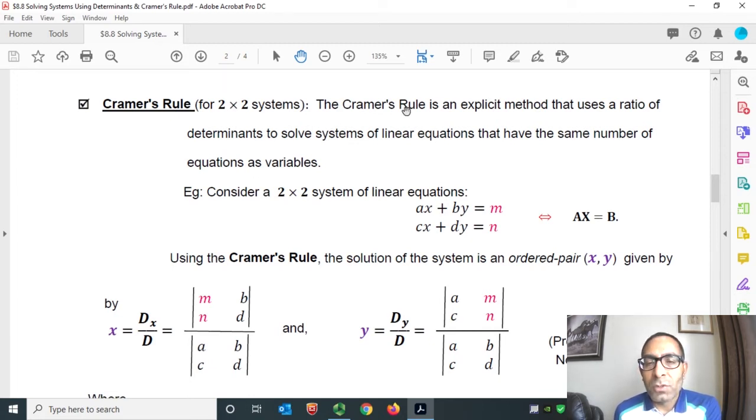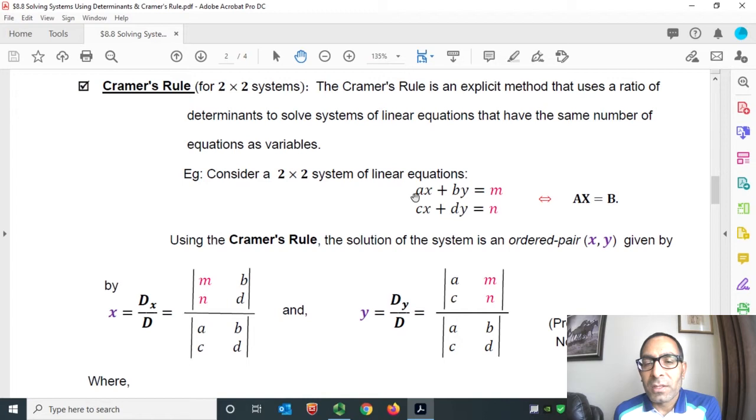Cramer's rule is an explicit method that uses a ratio of determinants to solve systems of linear equations that have the same number of equations as variables. For example, consider a 2 by 2 system of linear equations. The given system is ax plus by equals m and cx plus dy equals n.